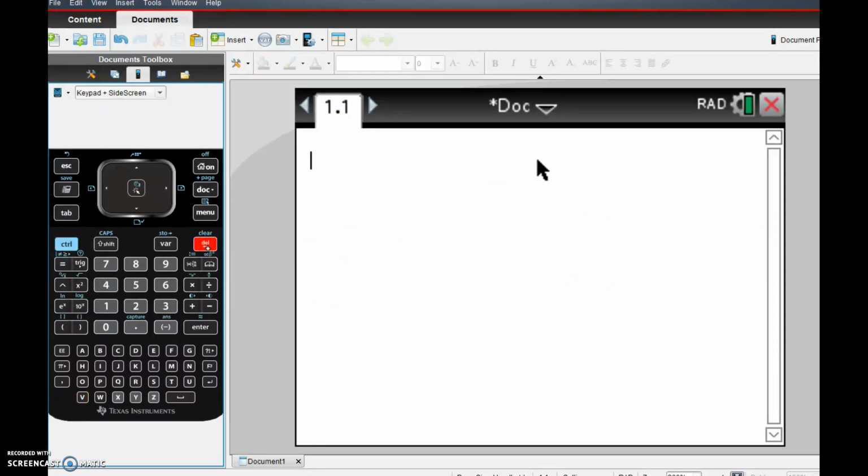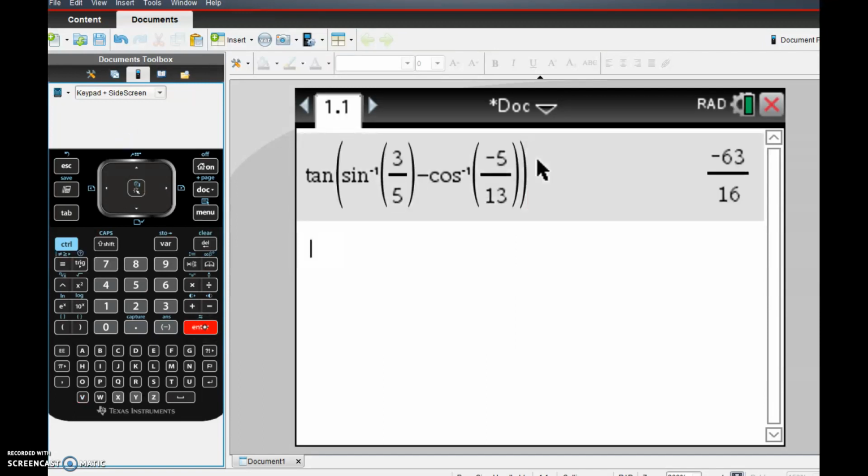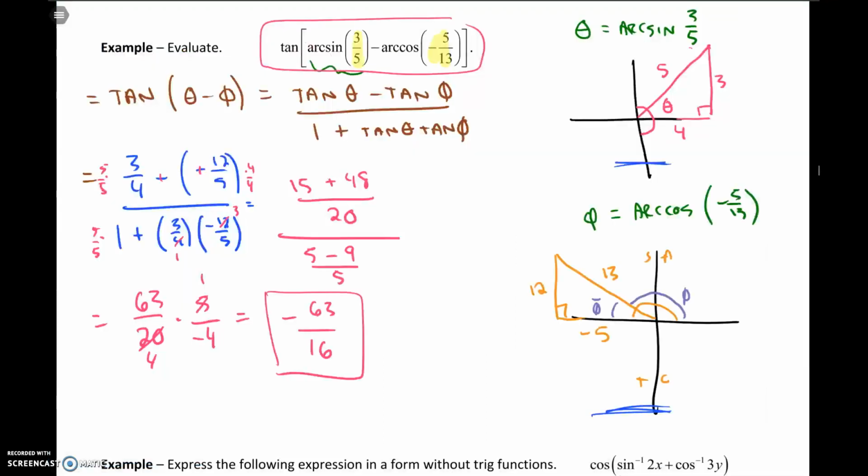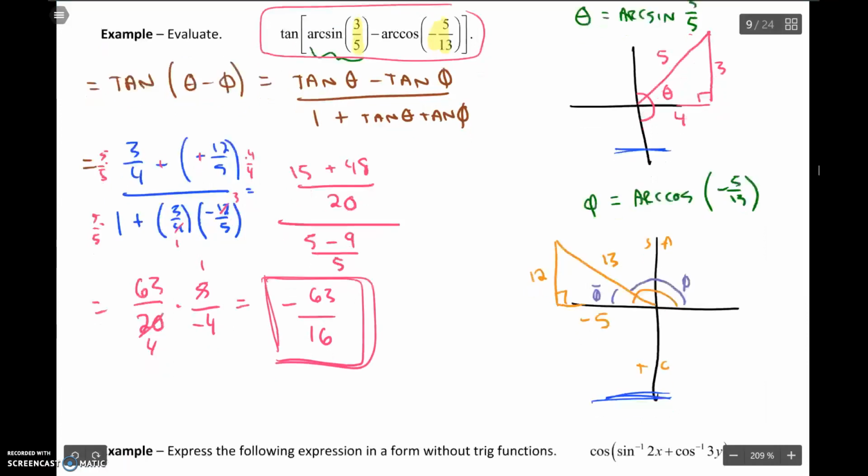If you hold the vars key for 3 seconds, you can just say the equation: what is the tangent of the arc sine of 3/5 minus the arc cosine of -5/13. Then you hit the vars key again and it'll recognize that voice chat. If you hit enter, you get -63/16. That's a pretty cool feature, and it does check out.